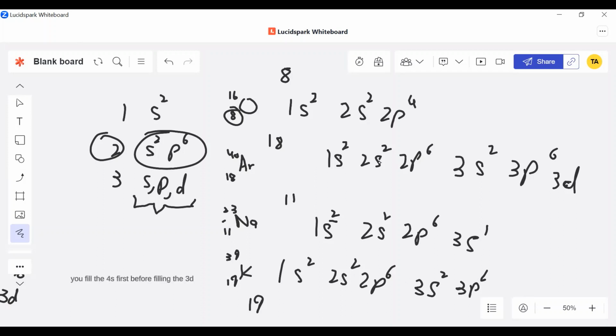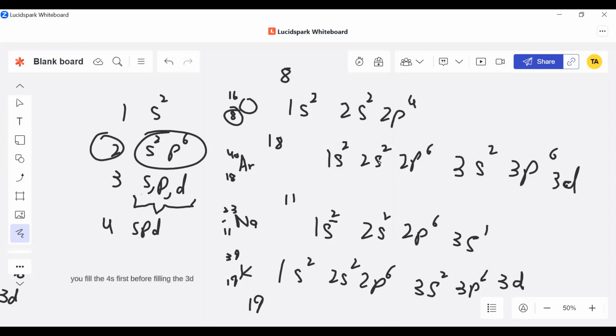I'm done with 18. And then I write 3d. But wait, after the third shell, because the third shell has the maximum of the d orbital, so s, p, and d. After the d comes the fourth shell, which has s, p, and d again.